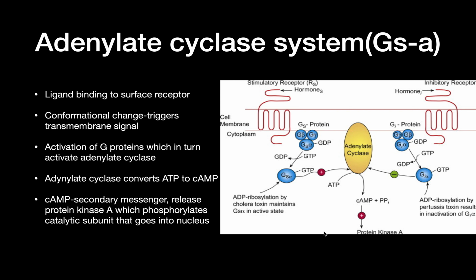In a similar pathway, a hormone will bind to an inhibitory receptor, and then the G proteins will be activated, but the GI receptor will bind to the adenylate cyclase and inactivate it. So no cAMP is made.